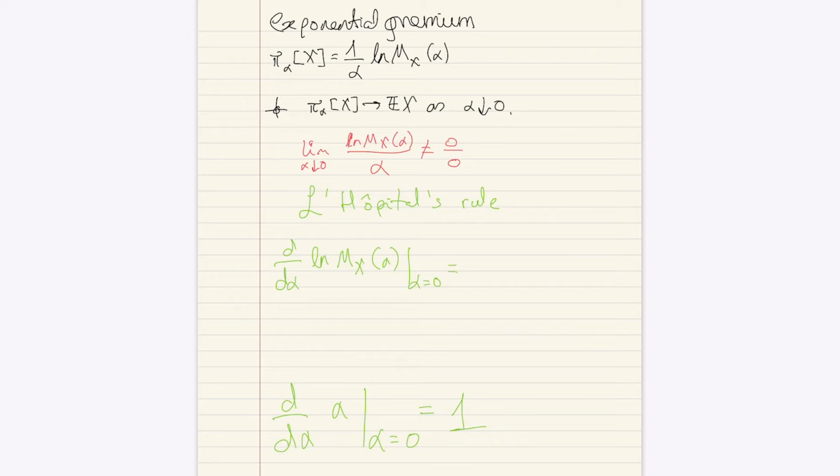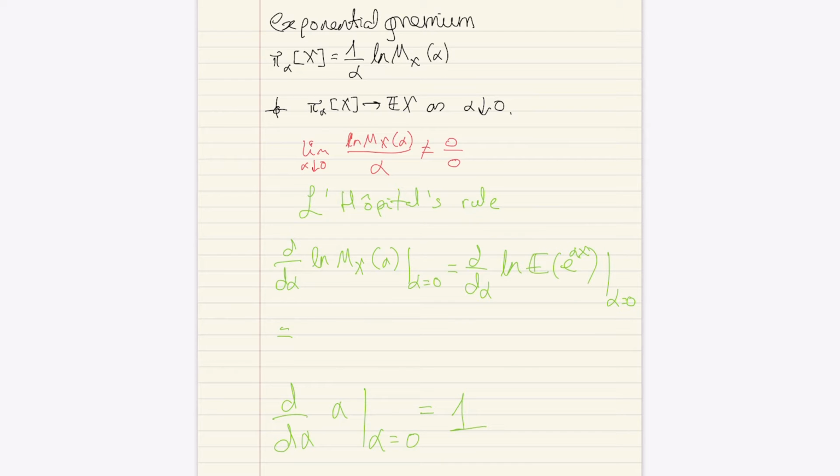However, for the other part here, what we need is to recall that the moment generating function of a risk of size X is just the expectation of this exponential right here, evaluated at 0. So what we need is just to take the derivative with respect to alpha, which is just the derivative of this part divided by this part again.